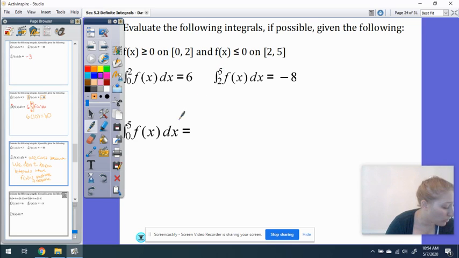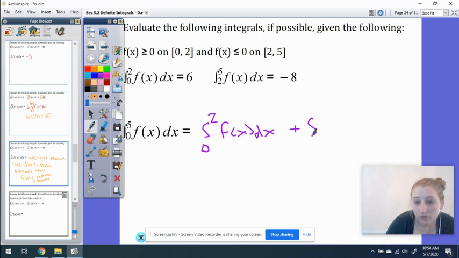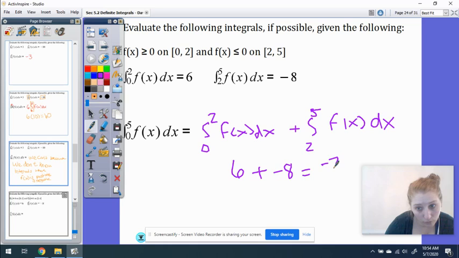So I could actually write this as the integral from 0 to 2 of f of x dx and the integral from 2 to 5 of f of x dx. So what I would do is I would say 6 plus negative 8, which is negative 2. Okay.